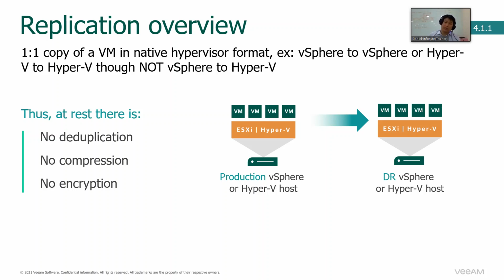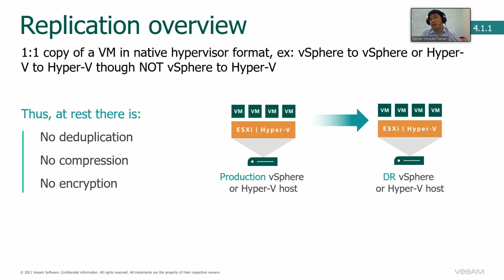Meaning the license that you bought from Veeam covers backup and replication at the same time, with only one instance license. So it will be much cheaper, maybe compared to some other backup software licensing.